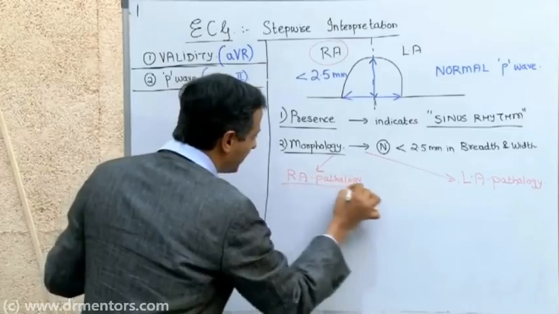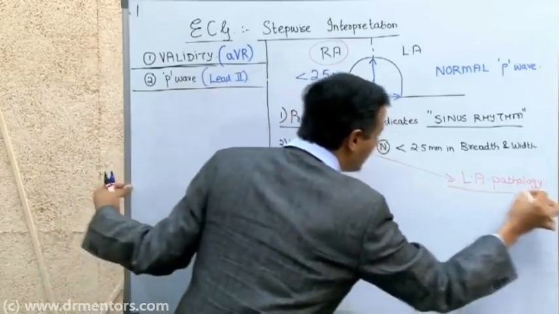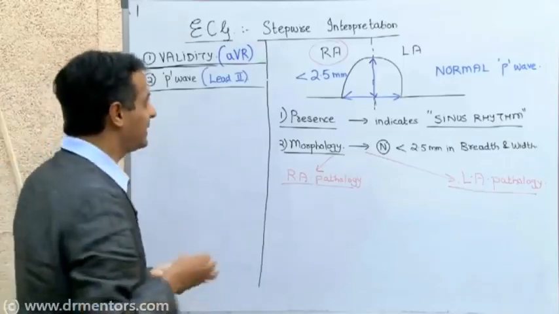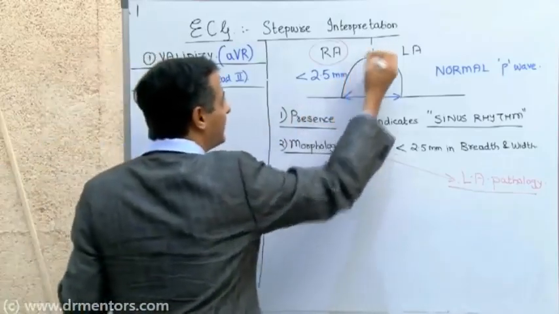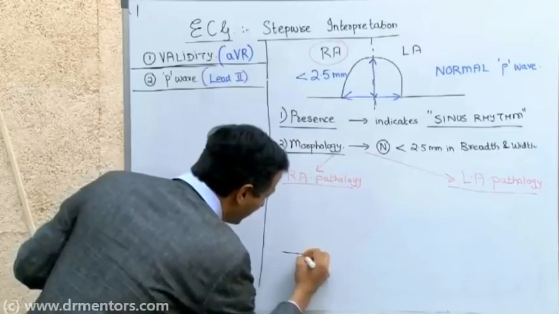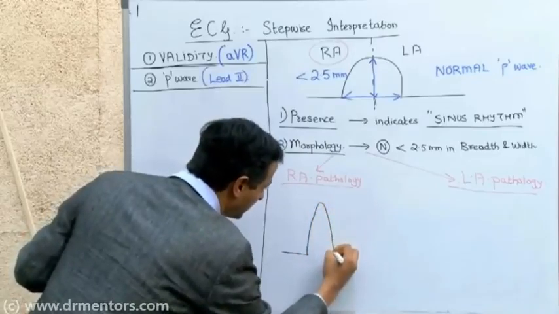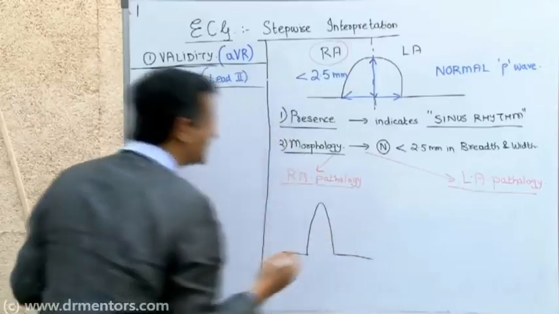Right atrial pathology and left atrial pathology can be seen on the morphology. You can make out easily. Right atrium is dilated. What will happen to the P wave? It will go up and then come down and go back to baseline.